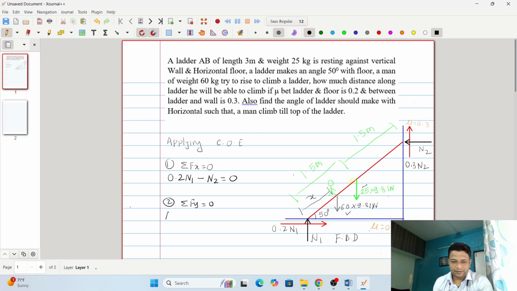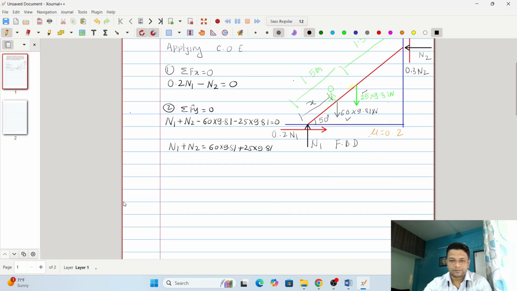So first one is N1 plus N2 minus 60 into 9.81 minus 25 into 9.81, equal to 0. Rearranging this equation, N1 plus N2 is equal to 60 into 9.81 plus 25 into 9.81. This will be our equation.